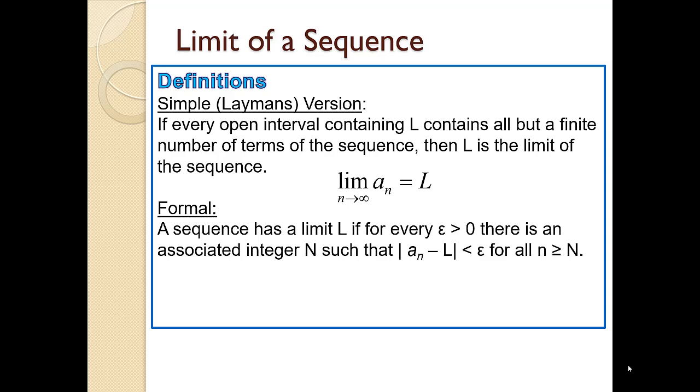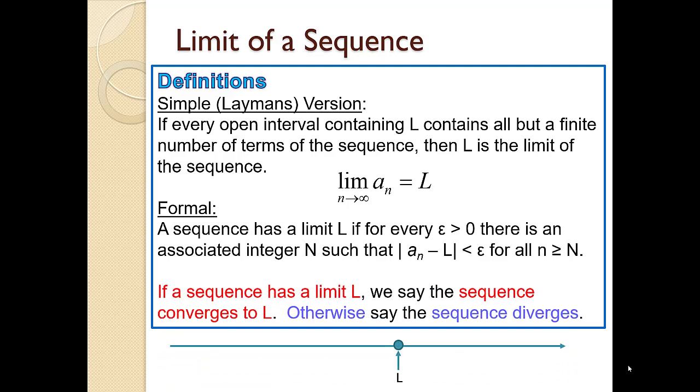But a more formal way of saying the same thing is, a sequence has a limit L if for every epsilon there is an associated integer N, such that the difference between the sequence value and the limit is no more than epsilon. And that's true for all n, all values of the index greater than some bound.